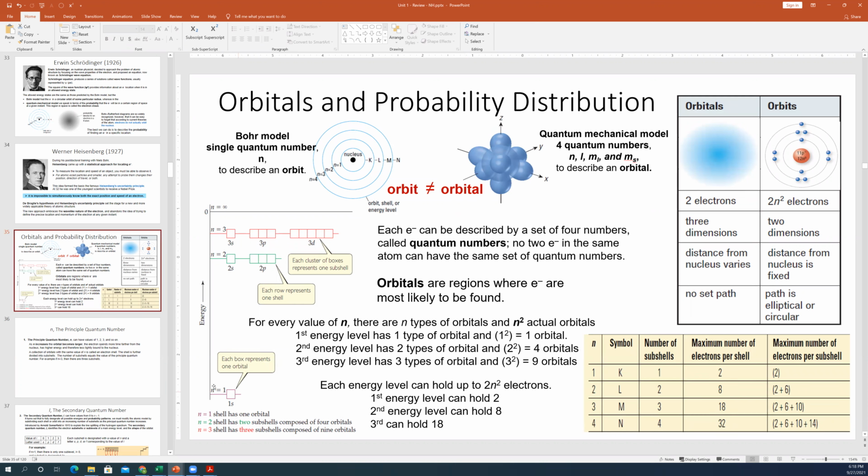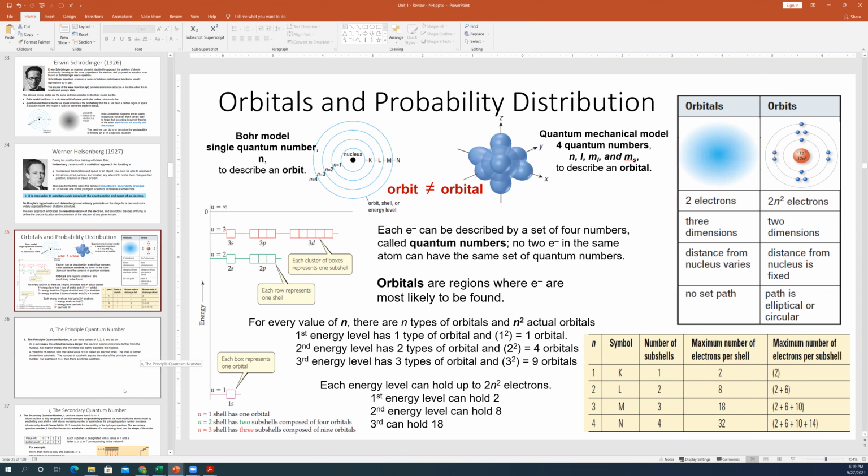So when the principal quantum number N is equal to 1, this is the first energy level, and it has only one kind of orbital in it. When N is equal to 2, at this energy level, there are 2 kinds of orbitals: an s orbital or a p orbital.